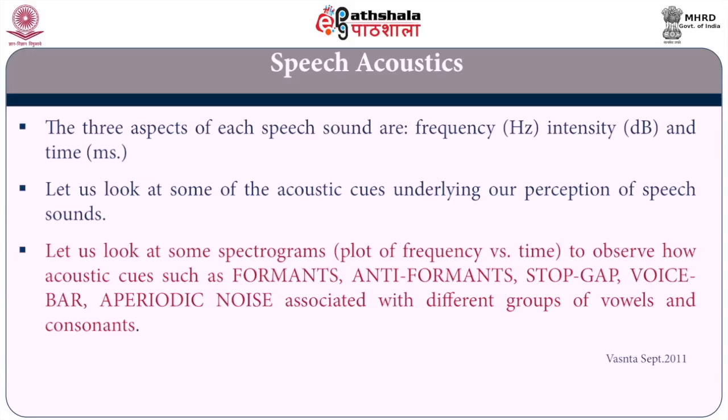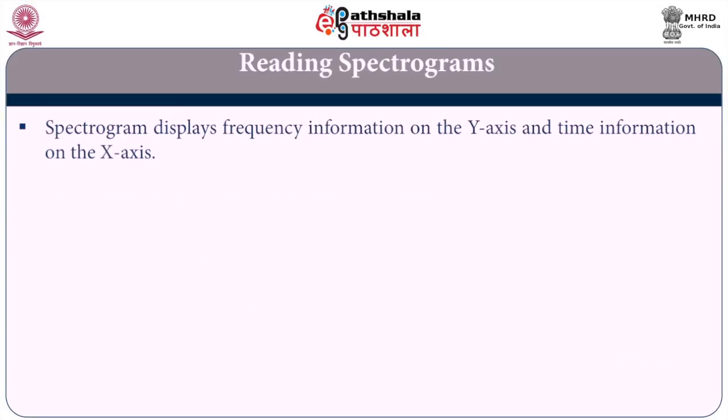I have already pointed out that a spectrogram is a plot of frequency versus time to observe how acoustic cues such as formants, antiformants, stop gap, voice bar, and aperiodic noise look. So a spectrogram displays the frequency information on the y-axis and time information on the x-axis.